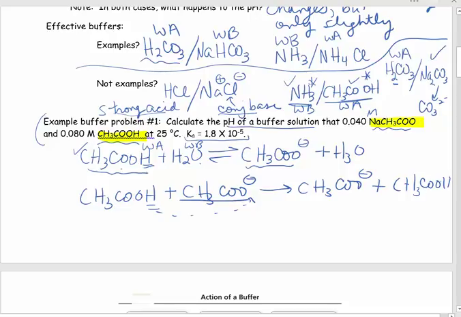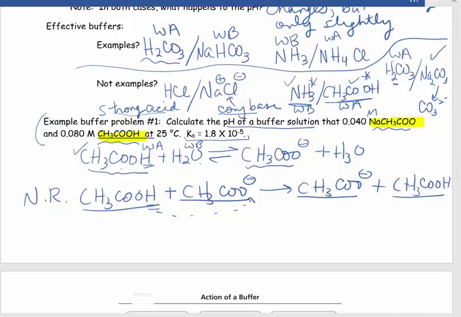This and this are the same, and the acetic acid's the same on both sides. Okay, and so this is not a chemical reaction that produces new products. If you were going to write this out and look at it, you would say no reaction, because overall nothing really has changed. Okay, so you can't just react the 2 components of the buffer with each other.